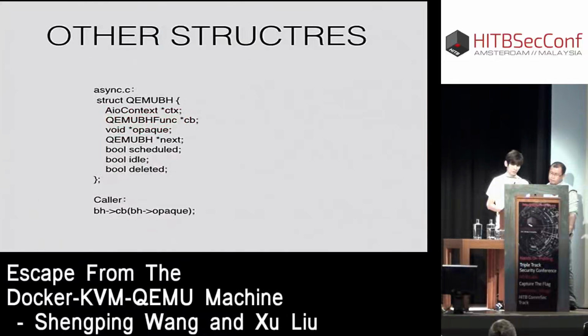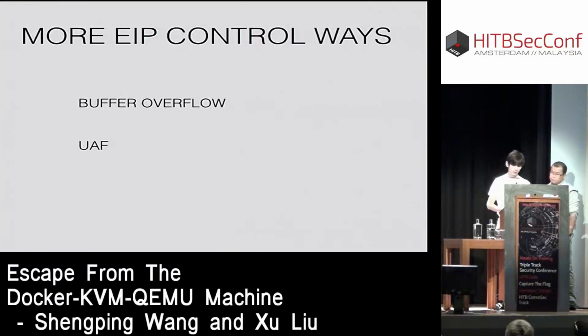This is a similar structure that can be used to control EIP, and the procedure is similar to what I said before, so I won't talk much about this structure now. And there are more ways to control EIP, such as a buffer overflow or use-after-free vulnerability of QEMU.